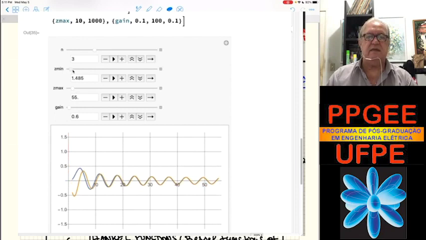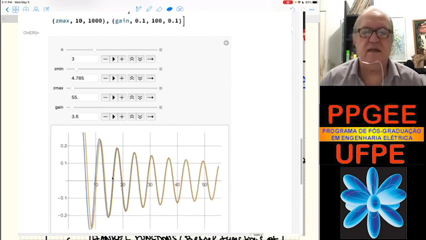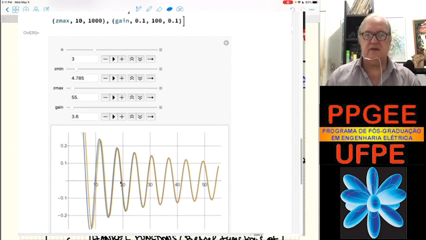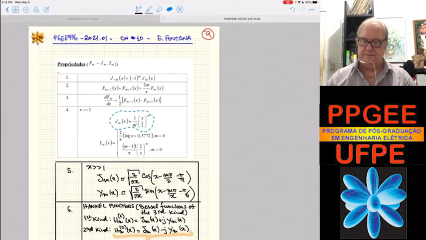Let me add some gain so you can see it. You see where they resemble each other. So the most interesting thing is the possibility of finding roots using the cosine function for large arguments. This is very nice, right?